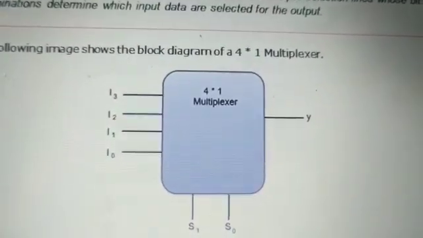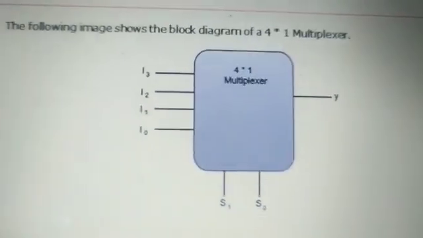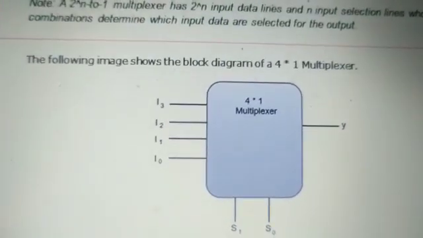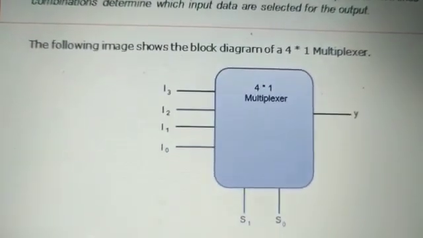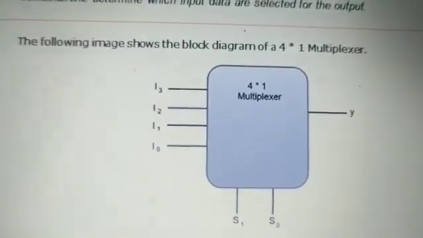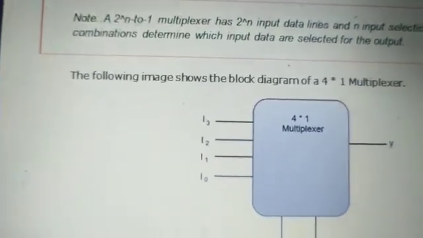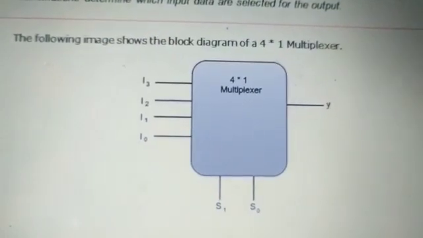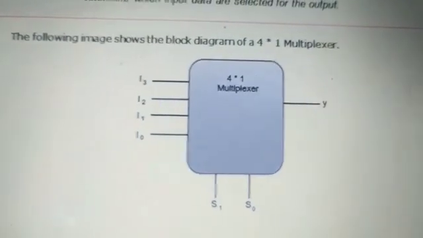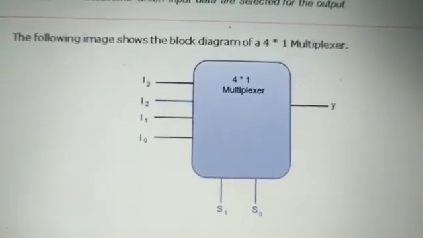So 4 inputs and only one output, and 2 select lines are there. What is the purpose of this select line? Select line will help to select which input will pass through the circuit so that I will get the output. This is the function of the select lines S0 and S1. This is the block diagram for a 1 cross 4 multiplexer.